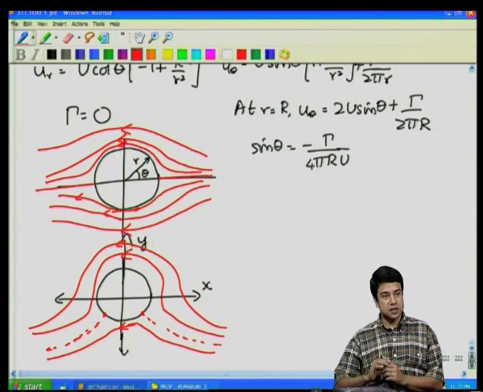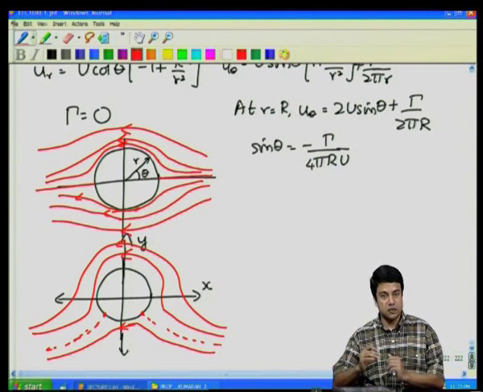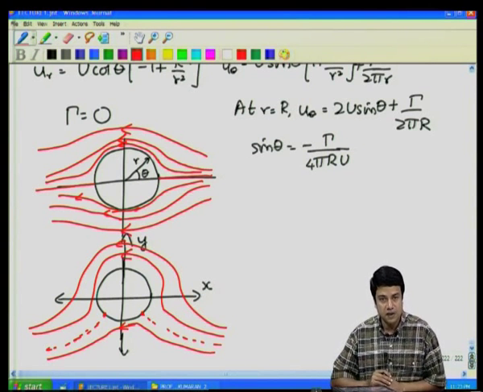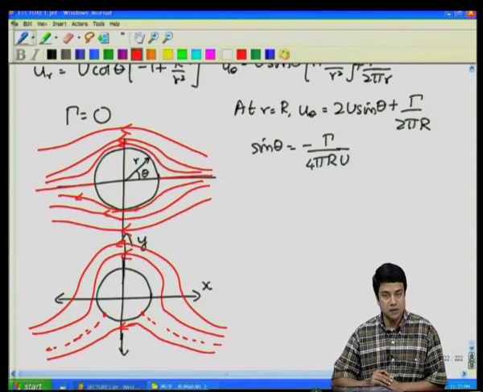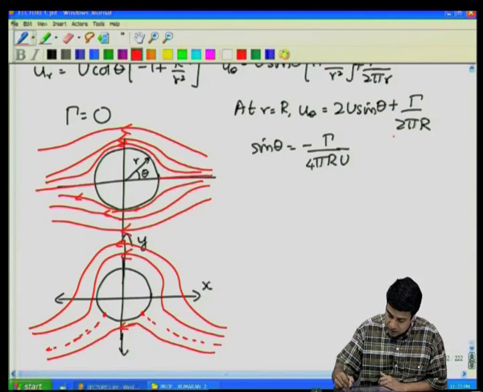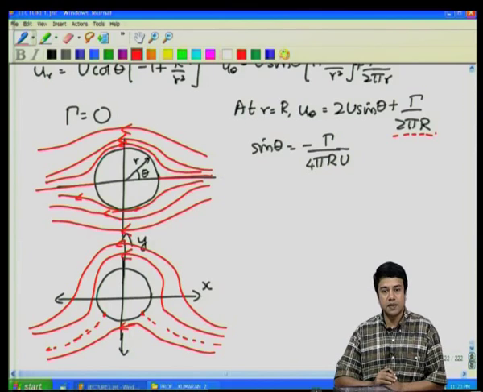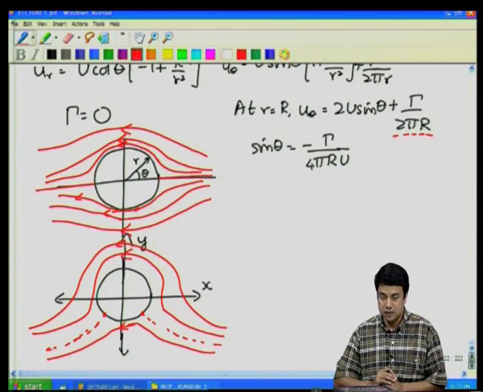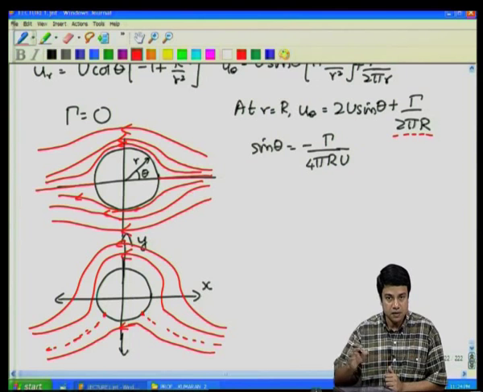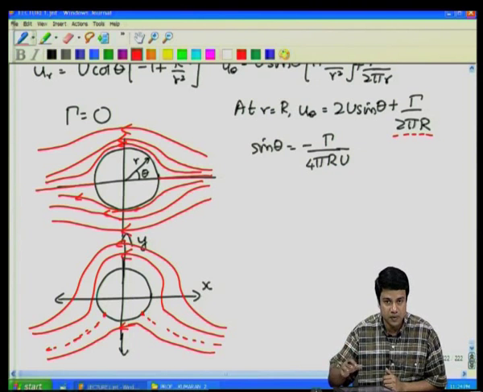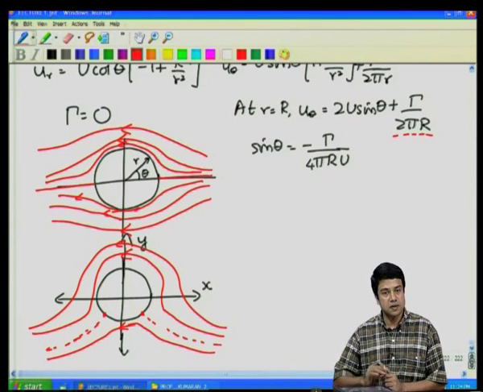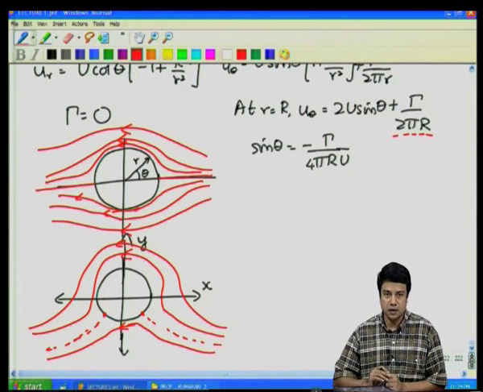It loses its up down symmetry. The flow is no longer symmetric around the x axis. That is because this term here represents the net circulation. So, in this case there is a net circulation around this cylinder represented by this gamma, and because of this the flow around the cylinder is no longer symmetric.